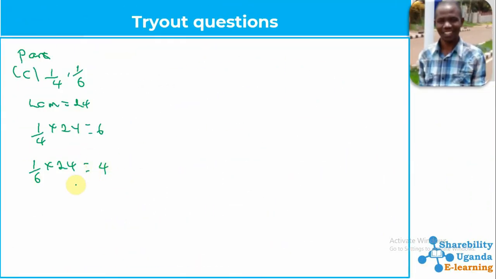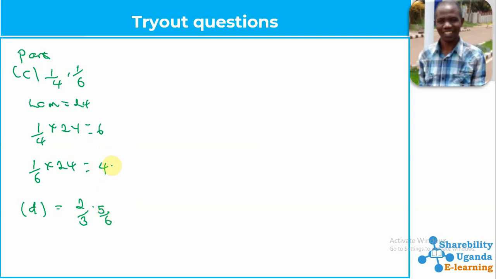Part D, our D is equal to, what do we have in our D? We have 2 out of 3 and 5 out of 6.